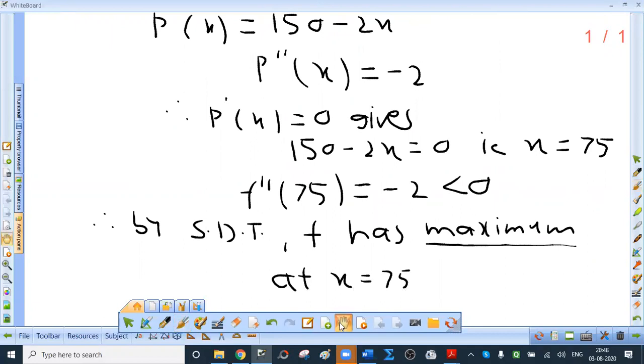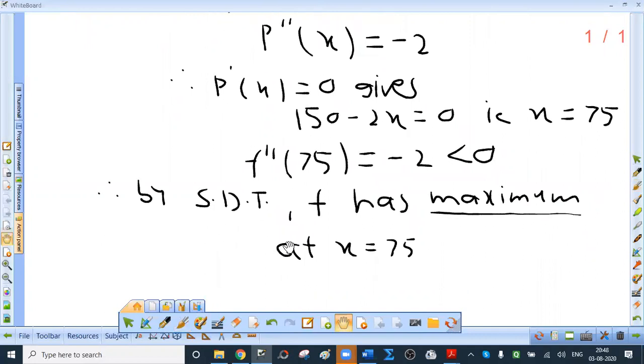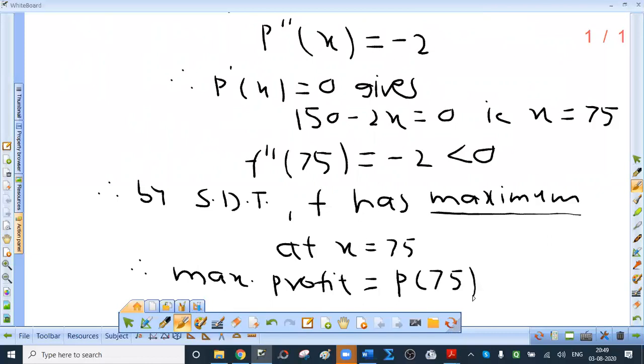Okay. Now what is asked? Maximum profit. Okay. So maximum profit is value of the function at which point? At 75. So find out P of 75.